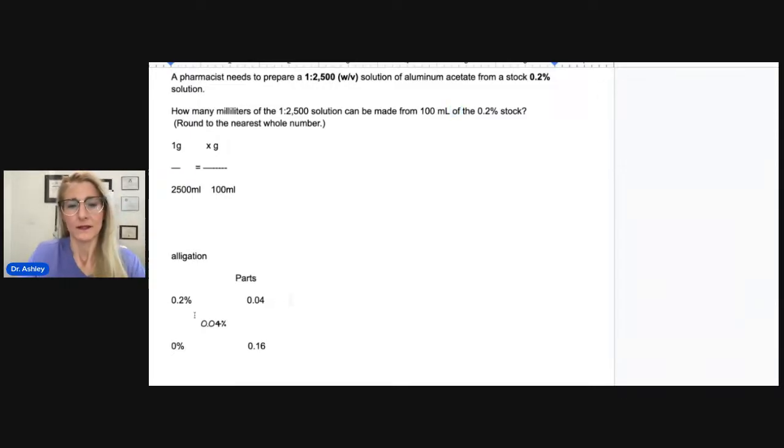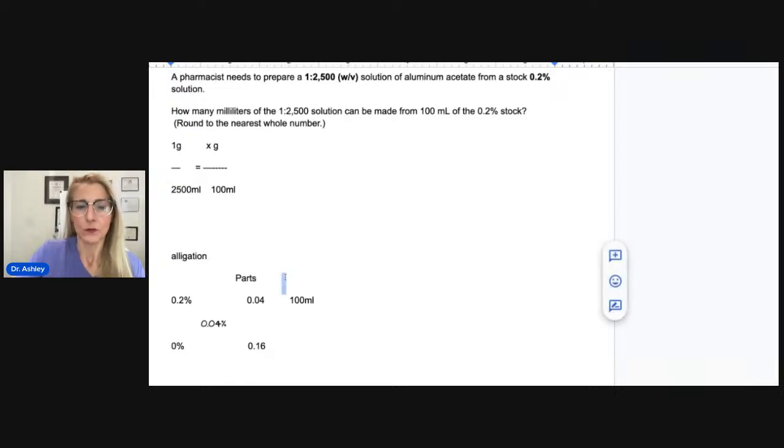And so it will be across from the 2%. Then we can put our 100 mLs. So this end thing, because it asked how many mLs, that's what we're looking for. So I put it up here. If we were looking for grams, I'd put grams here, and everything here would be grams. But it's not. It's asked for milliliters. I put milliliters there. Okay, but where does my X go?